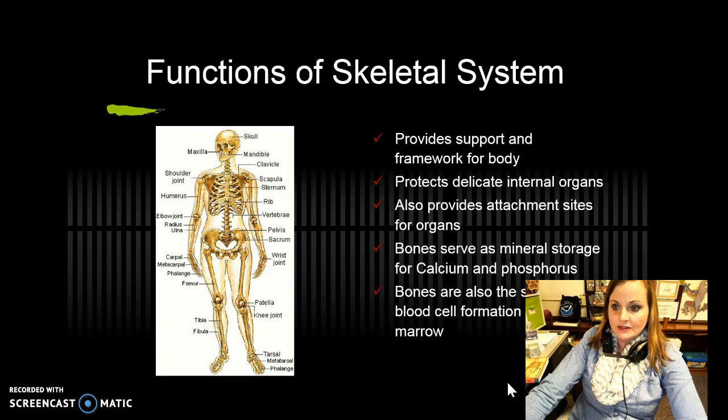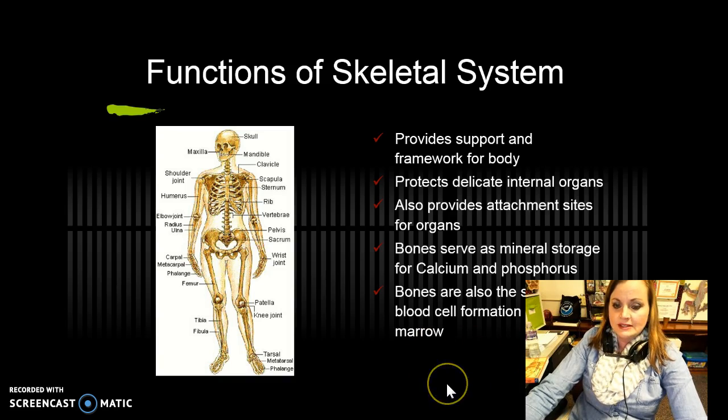It also serves as a place to store minerals, calcium and phosphorus, and to make blood cells. So blood cells are made where bone marrow is formed in many of the larger bones of the body. And so all of these things are functions of your skeleton.